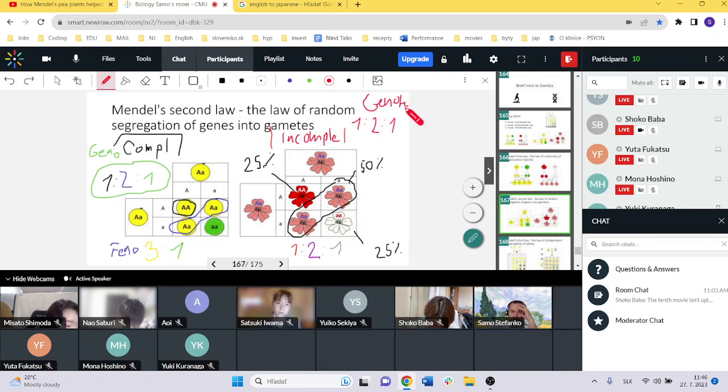Genotype here. So this is very important because there is a difference between complete and incomplete dominance regarding phenotypes. But as you see here, genotypically the segregation ratio is the same.